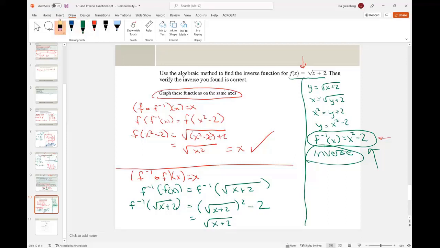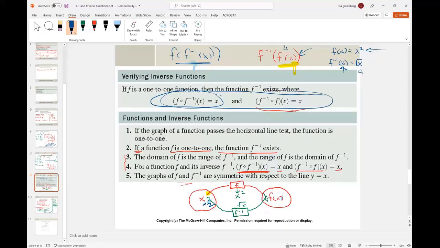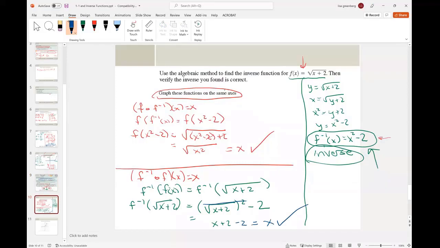Sorry, this equals x plus 2, because the square root and the square are going to cancel, right? Minus 2, which equals x, check. So now I know I found the inverse, and I proved it using this method. That's how you show things are inverses of each other.